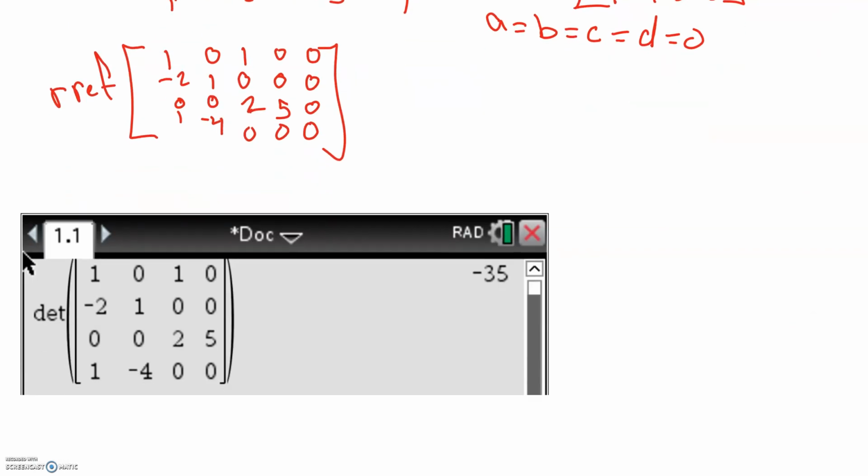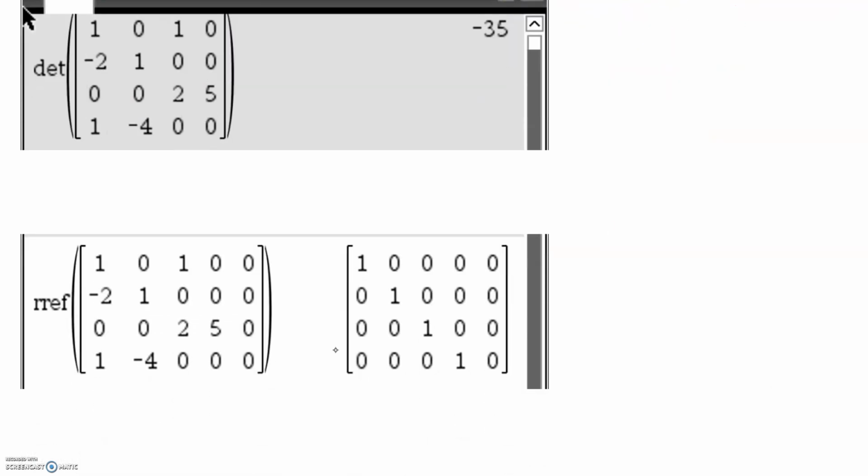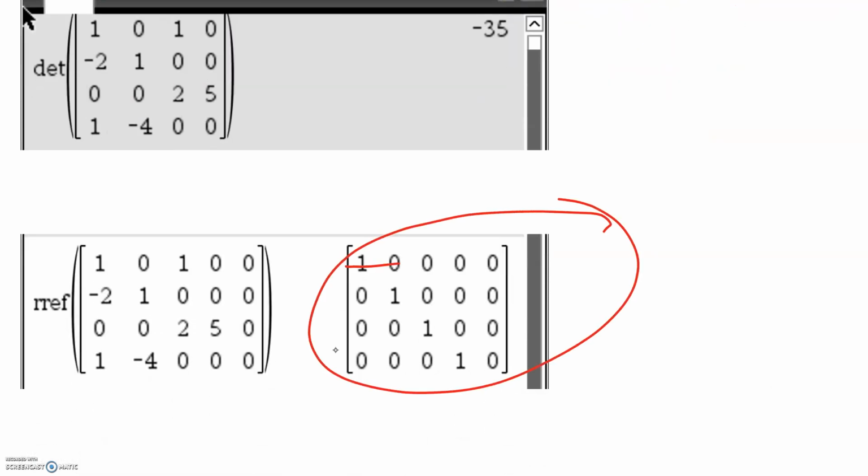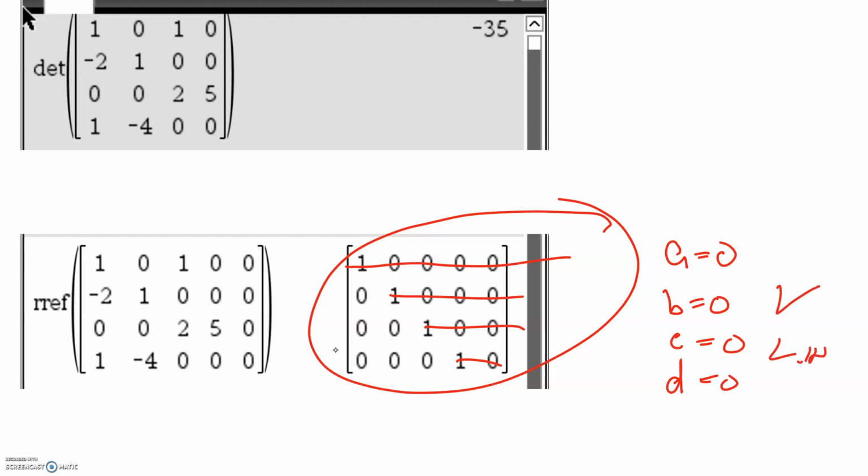I've already done that, and this is what it kicks out, which means A equals 0, B is equal to 0, C is equal to 0, and D is equal to 0. So yes, we are linearly independent, so we are a basis.